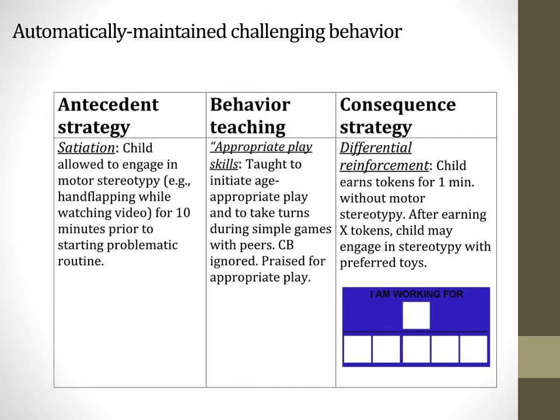So using a token economy, you can gradually increase the time. First 1 minute, the next time 1 minute and 30 seconds. You can gradually increase the time to get the token. So that's differential reinforcement. This is an example.